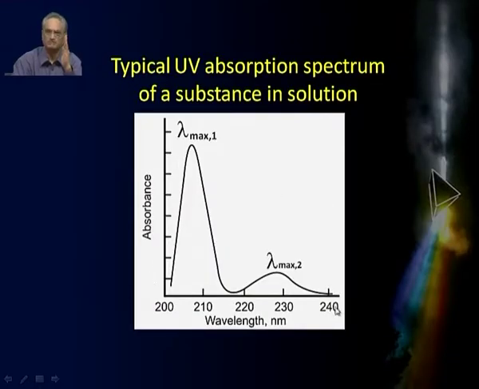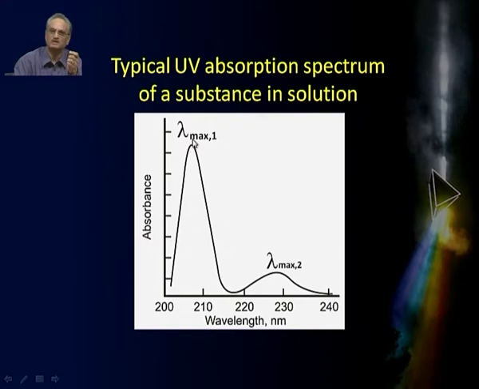What it tells me is that the radiation at 207 nanometer is absorbed to a very large extent, whereas this is absorbed to a lesser extent. In other words, from 200 onwards to about 240 nanometer, most of the radiations are being absorbed to various extents.